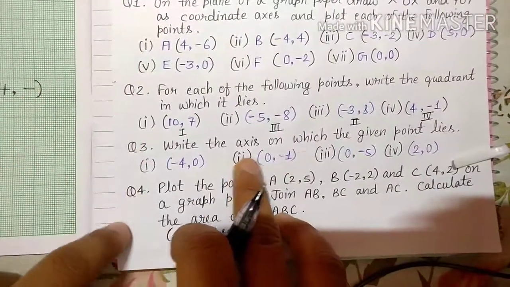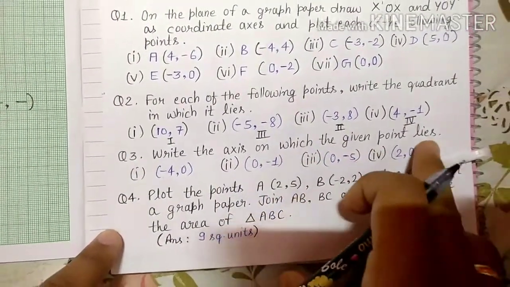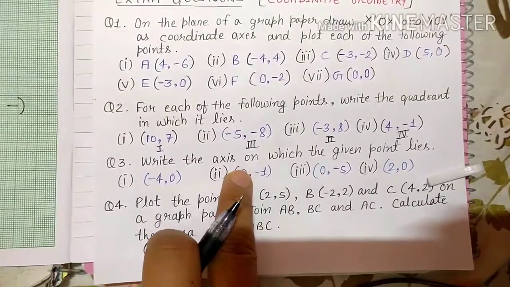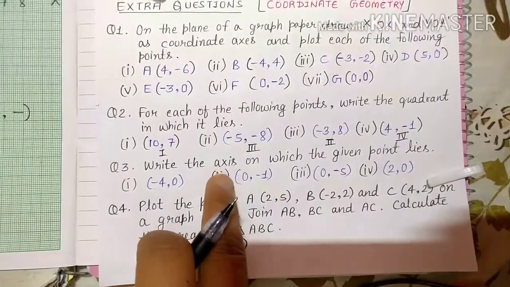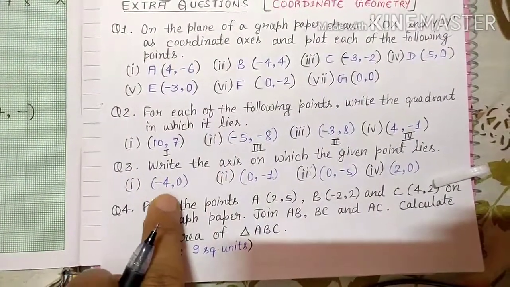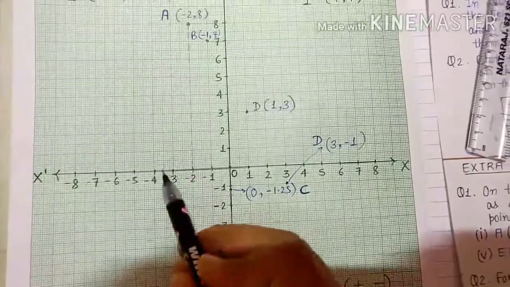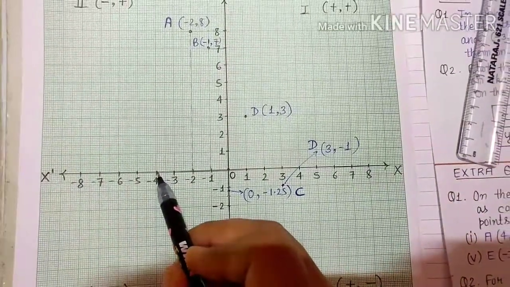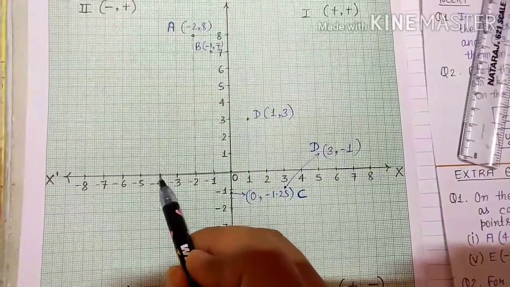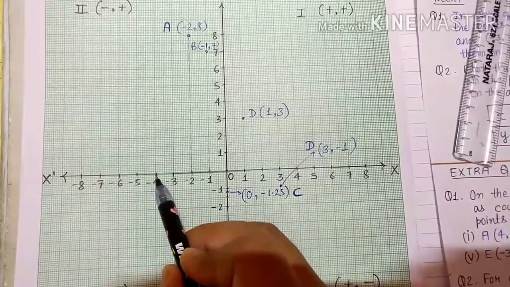Write the axis on which the given points lie. They are asking for either the y-axis or the x-axis. So first check minus 4, 0. Minus 4 is the value of x, so on the graph minus 4 is here. The y coordinate is 0.